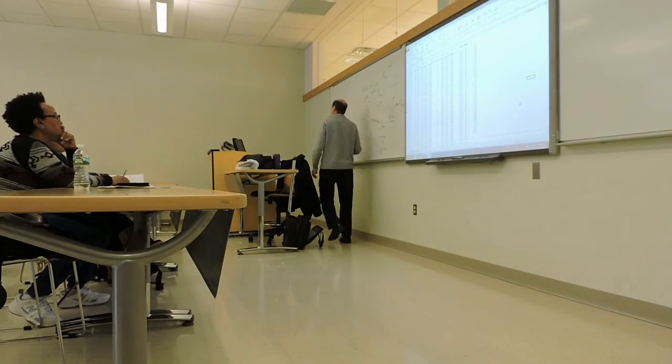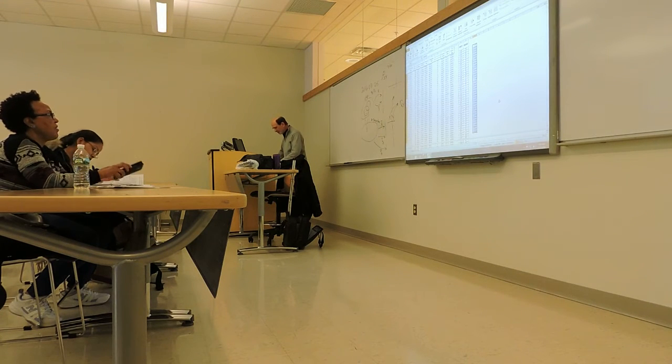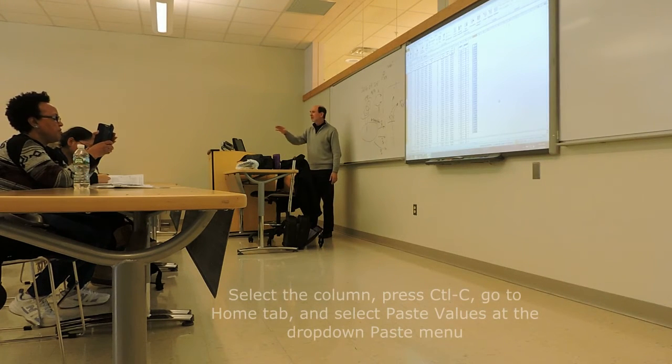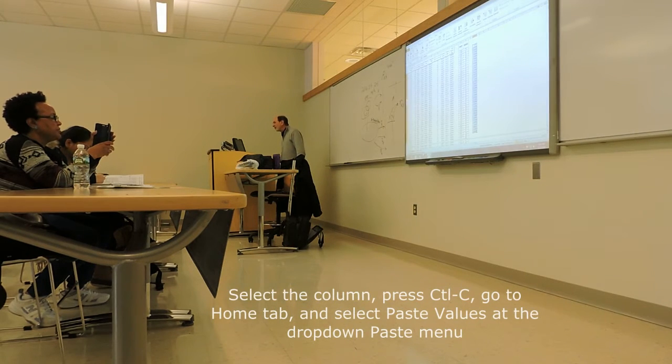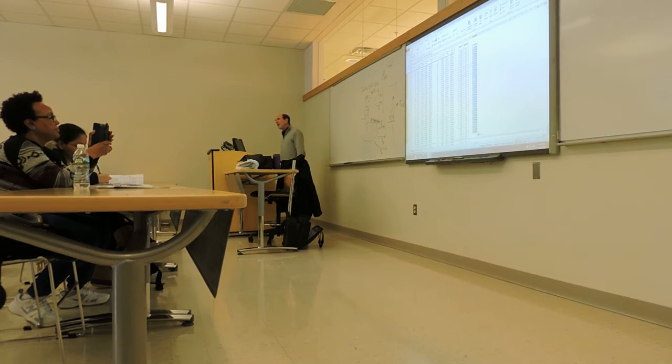So I'm going to select all of those random numbers, copy them with Control C to the clipboard. You're probably familiar with that. Okay? And then I'm going to go to the paste choice called Paste Values. And when I paste the values, instead of having the functions there now, I just have a number.